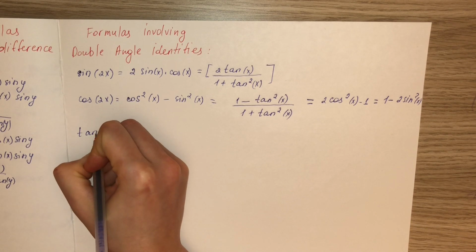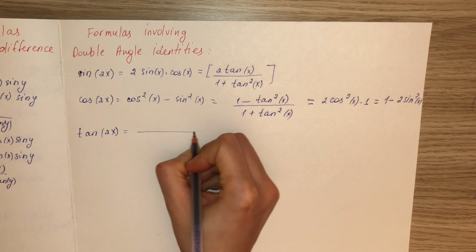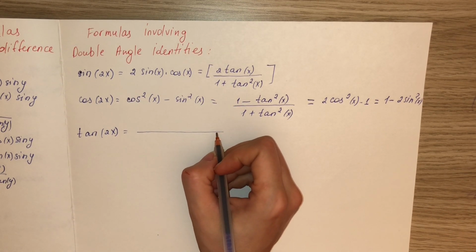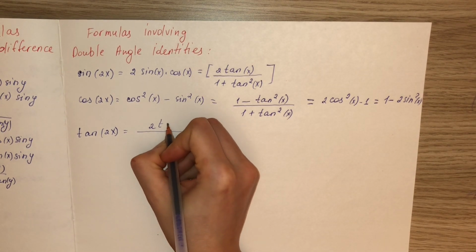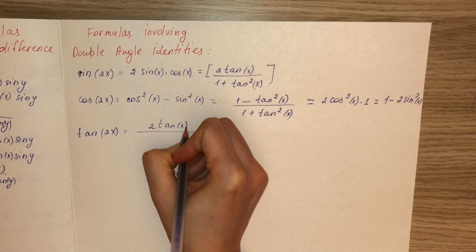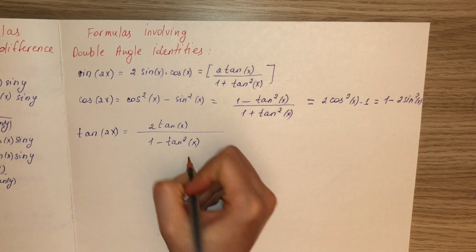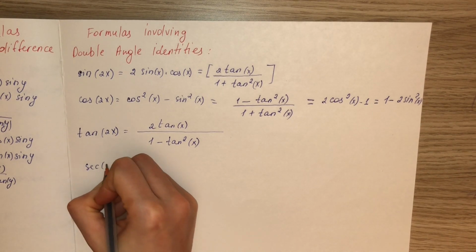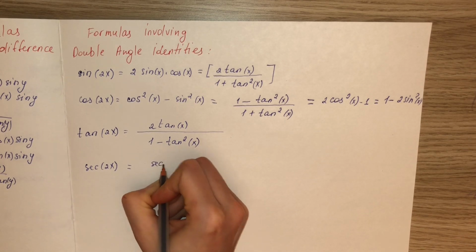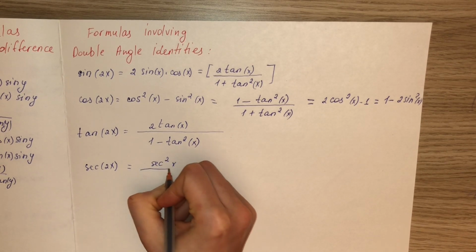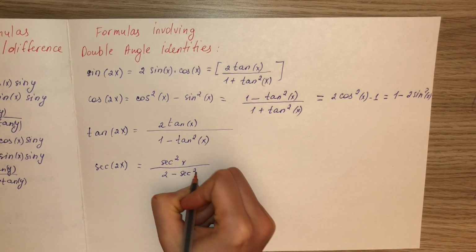What about tangent 2 times x? If we want to reduce the degree of tangent, we can write in the numerator 2 times tangent x over 1 minus tangent square x. What about the secant of 2x? It is secant square x over 2 minus secant square x.